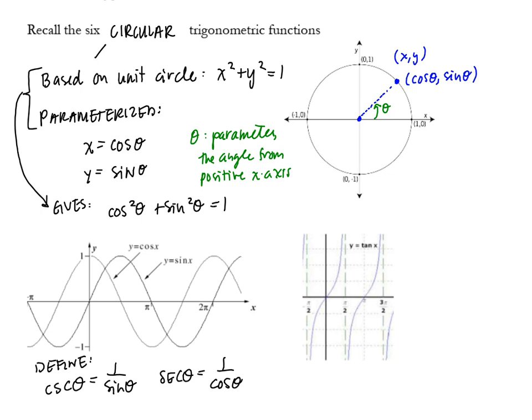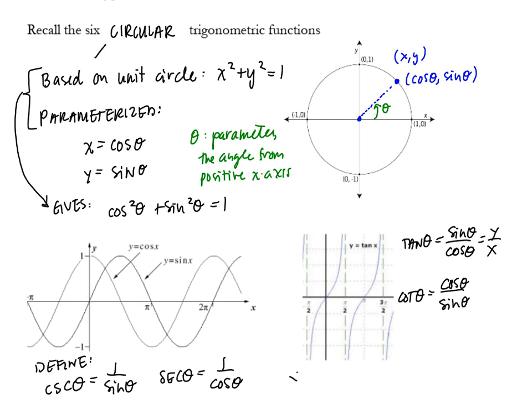We could also define tangent. Tangent was sine over cosine, or y over x. Cotangent was the reciprocal of this, cosine over sine, or x over y. So these had graphs. We could make the linear graphs.